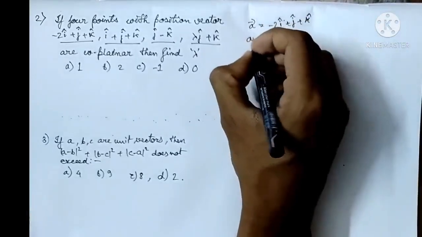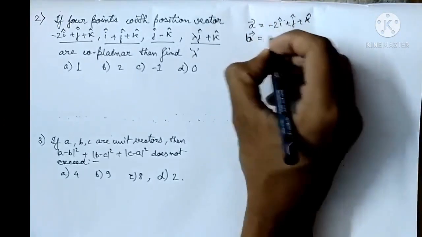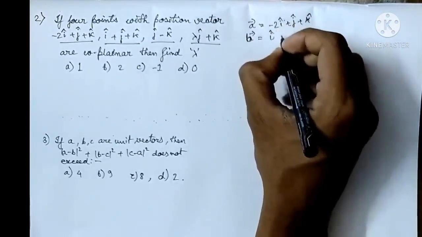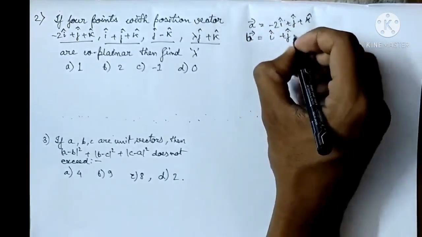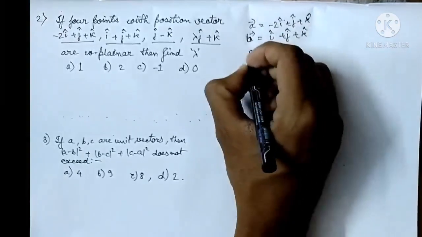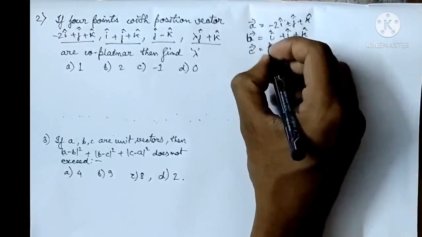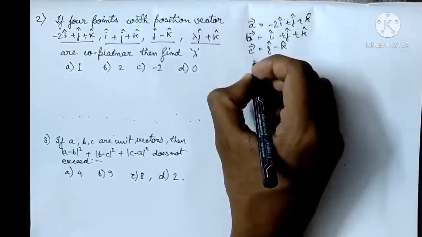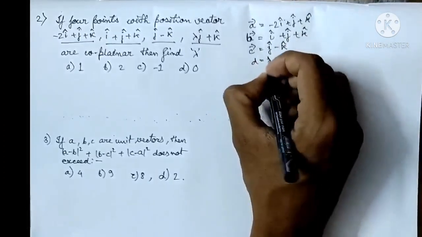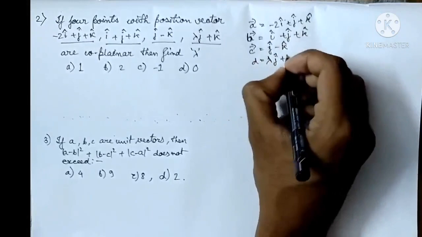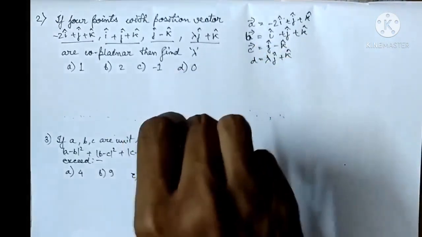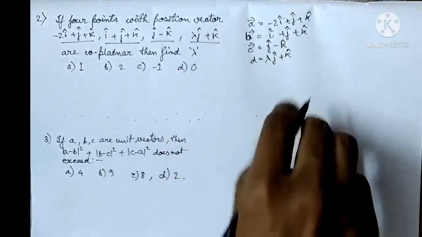Okay, B vector is i cap plus j cap plus k cap. C vector is j cap minus k cap, and D vector is lambda j cap plus k cap. Now you will ask why I wrote these down.